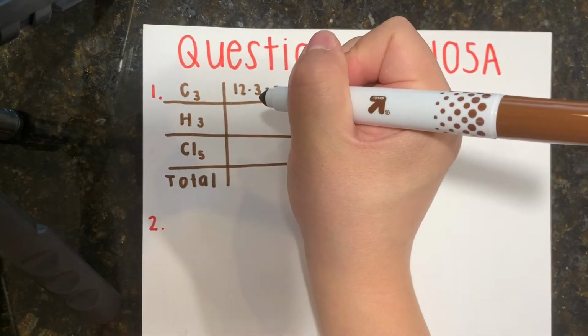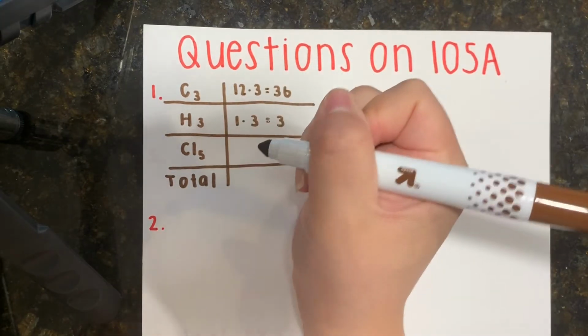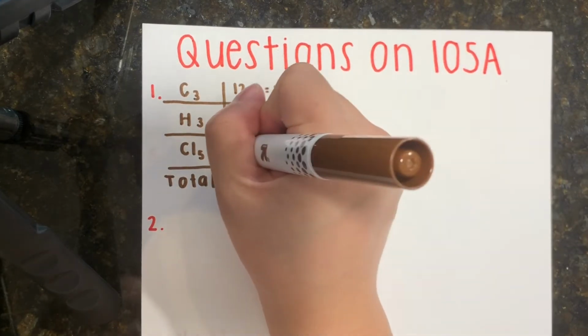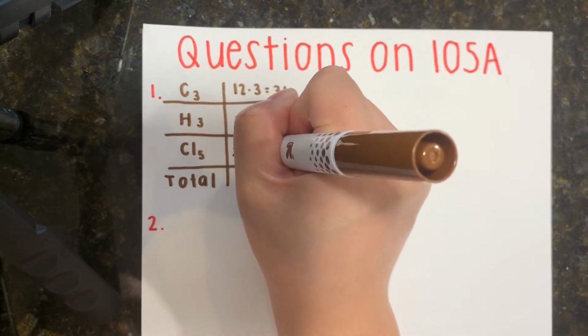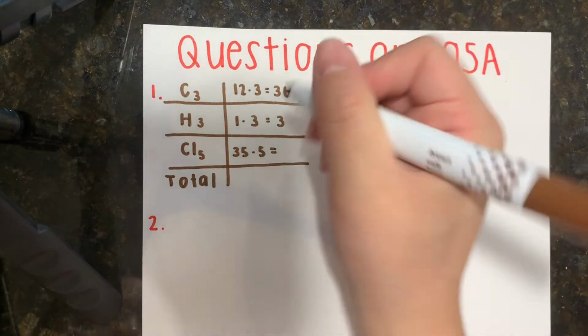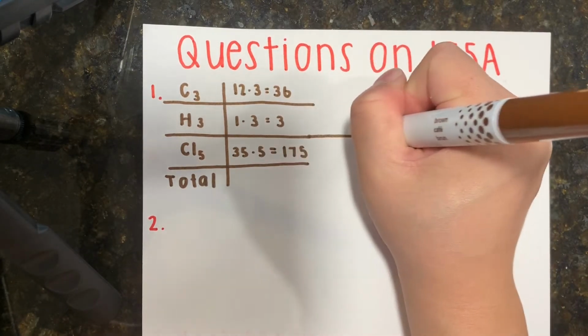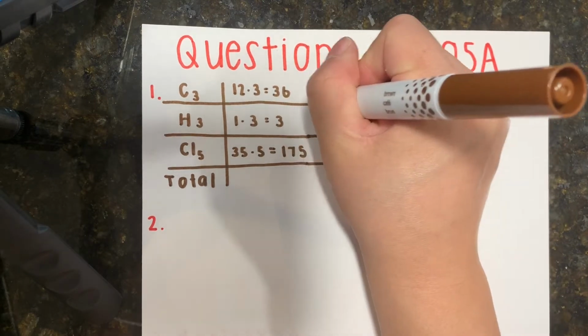H, we would have 1 times 3, which is 3. And for Cl, we would have 35 times 5, which is 175.